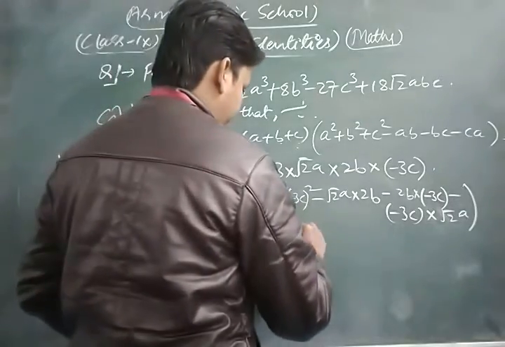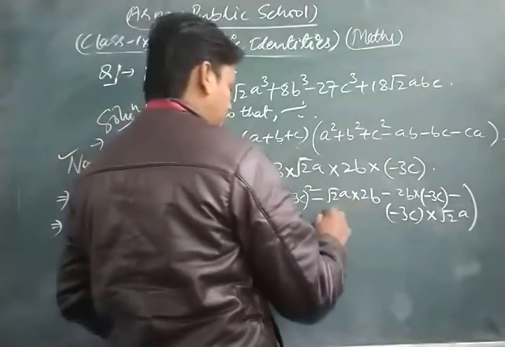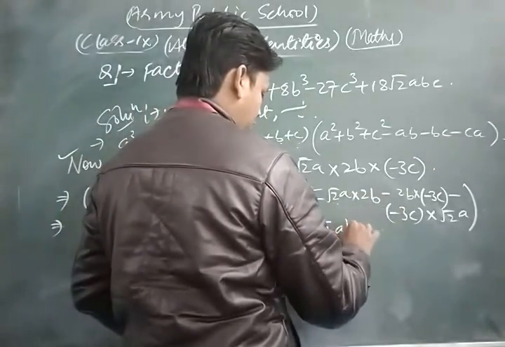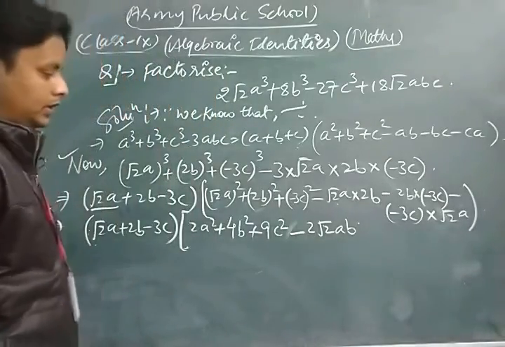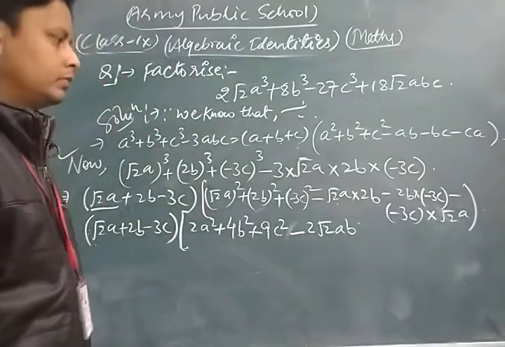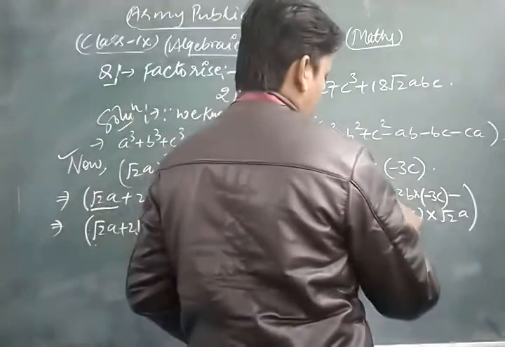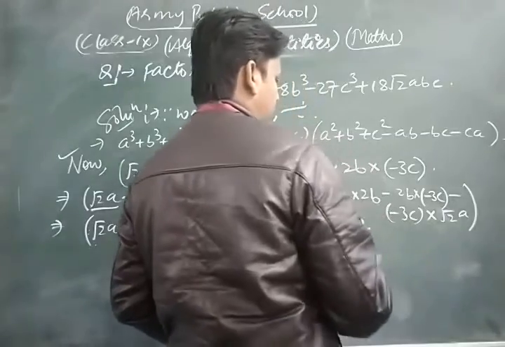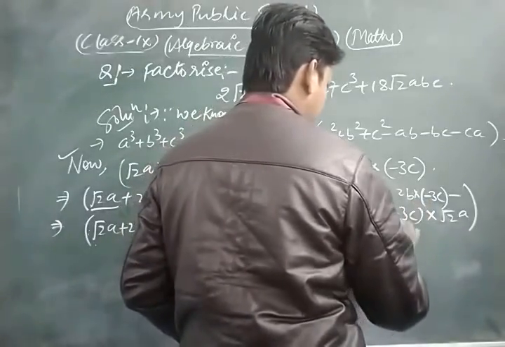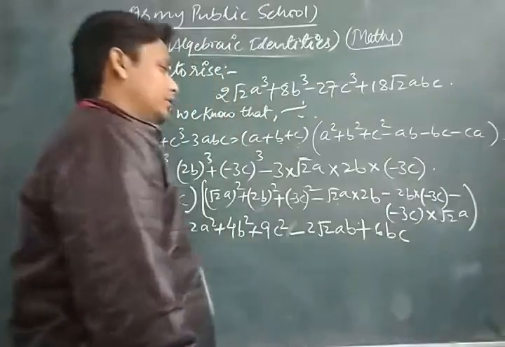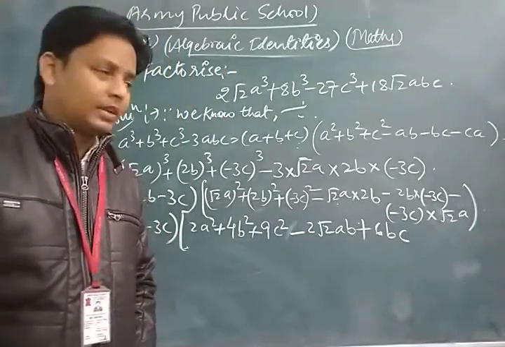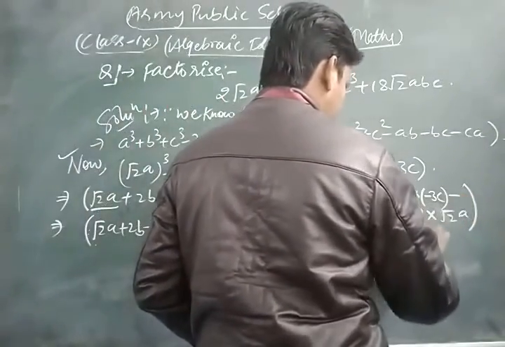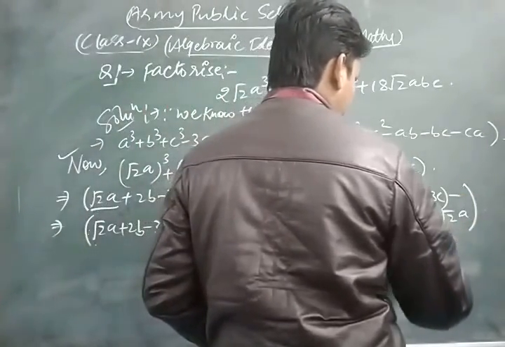Now minus 2 under root 2 ab, minus minus is plus, 3 times 2 is 6bc, and minus minus is plus 3 under root 2 ca.